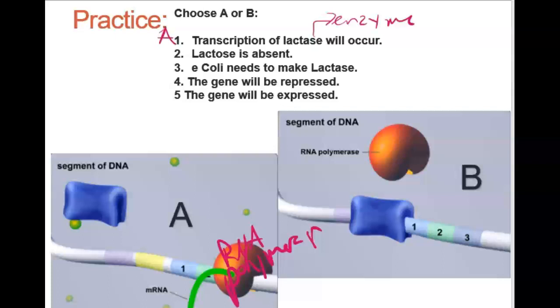Well, for our intents and purposes, lactose here is the little green circles. So in that case, B. And you don't need the RNA polymerase if lactose is not around. 3. E. coli needs to make lactase. Well, that's when lactose is present, so that's A. The gene will be repressed. That would be B. The gene will be expressed. That would be A. So you guys need to become familiar with this, okay?